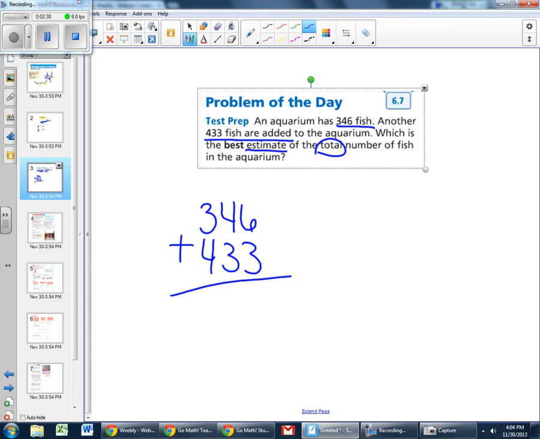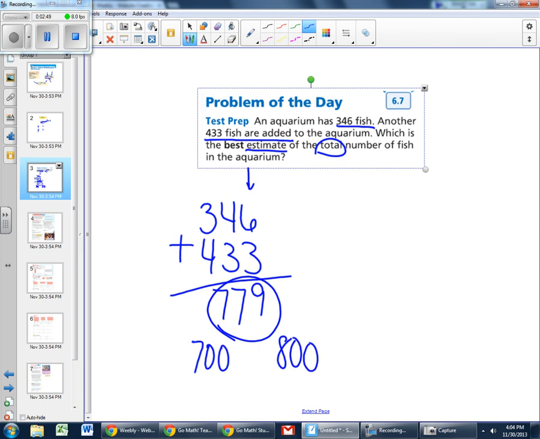So we're going to start in our ones place. 3 plus 6 is 9. 4 plus 3, 7. Switch those around. 3 plus 4 is 7. So now, this is my actual number. Is 779 closer to 700, or is it closer to 800 to be the best estimate?